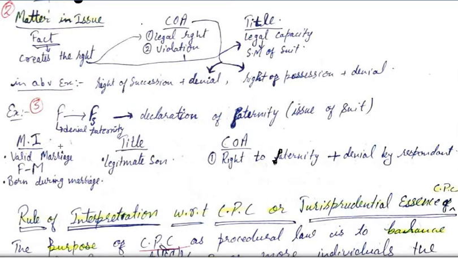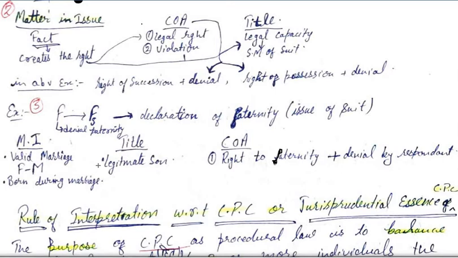He would give evidence of the fact that there is a valid marriage between his mother and father, and of the other fact that he was born during the marriage.